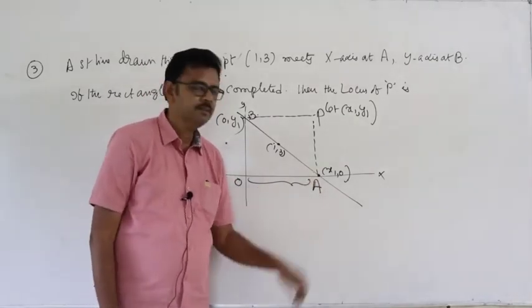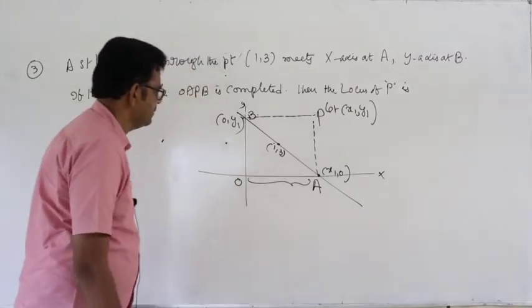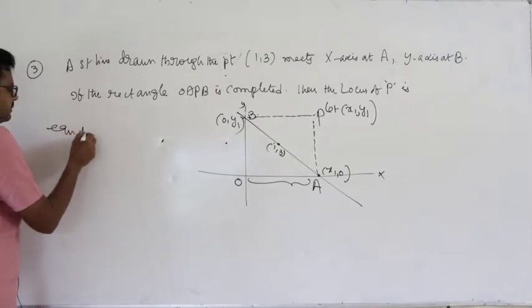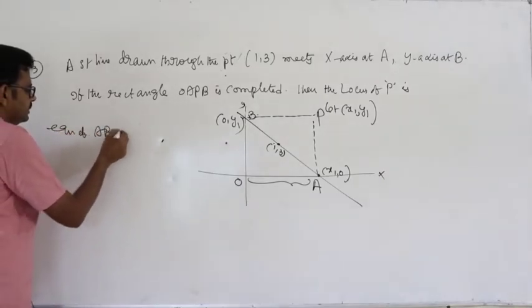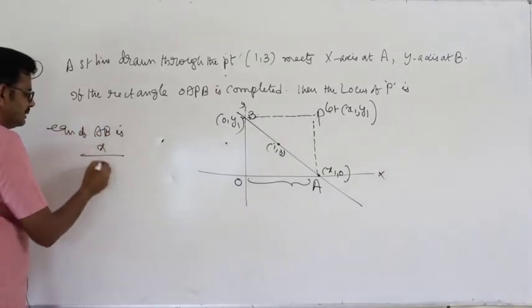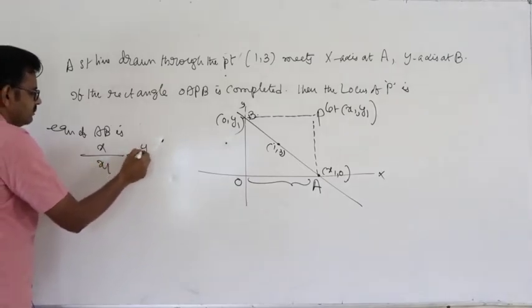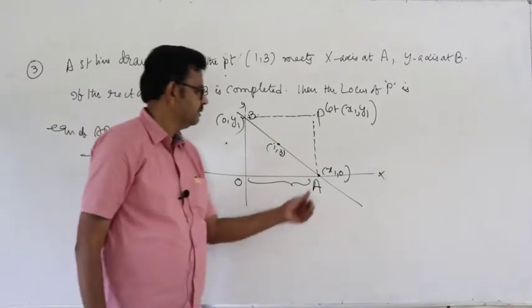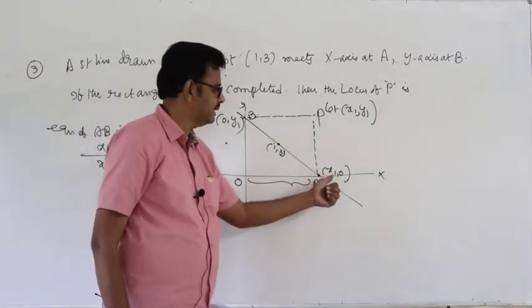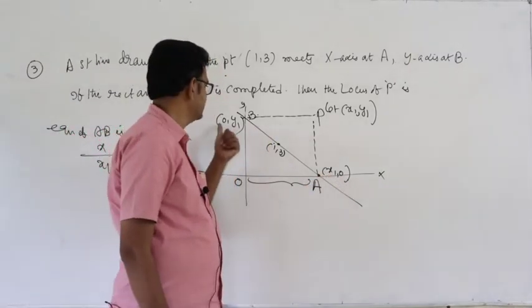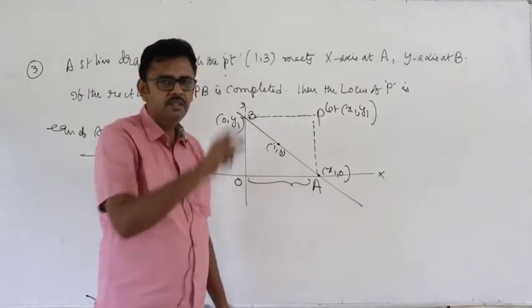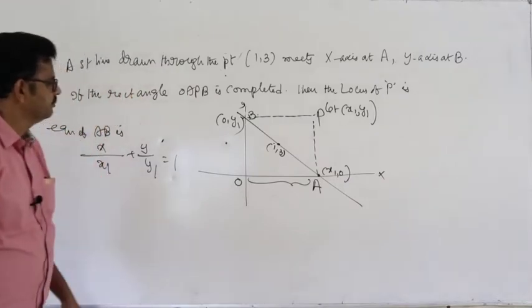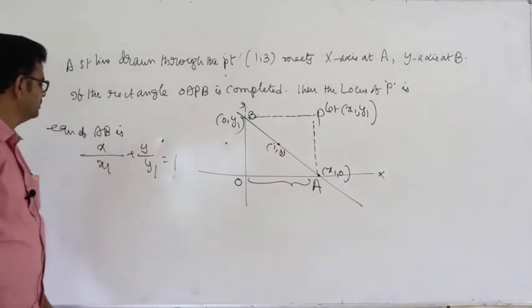Now the line cuts x-axis at x1 comma 0, y-axis at 0 comma y1. Then the equation is x by x1 plus y by y1 equal to 1.